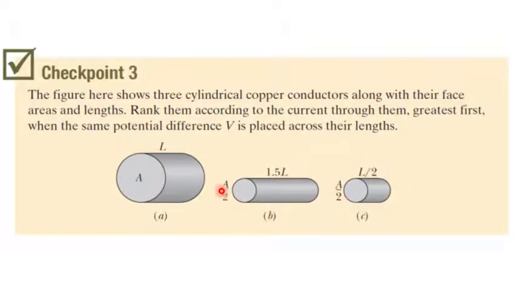And the resistance of the second sample is 3 times the resistance here or here. So the current here or here, if it is I, the current here would be 1 over 3 multiplied by I. So A and C are the greatest, then B. Okay?